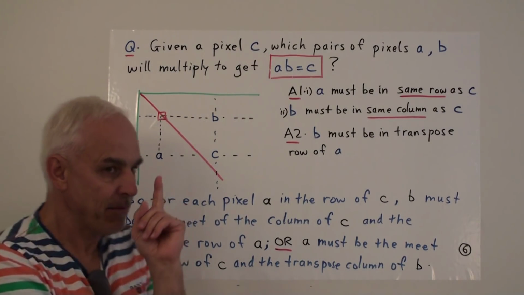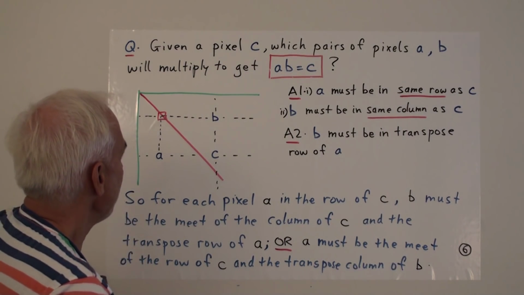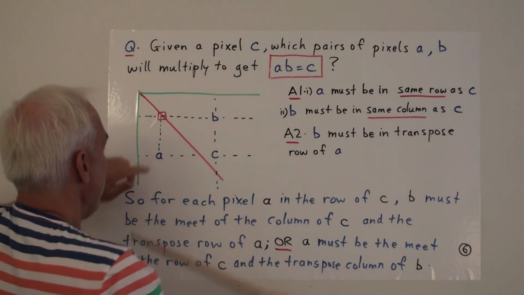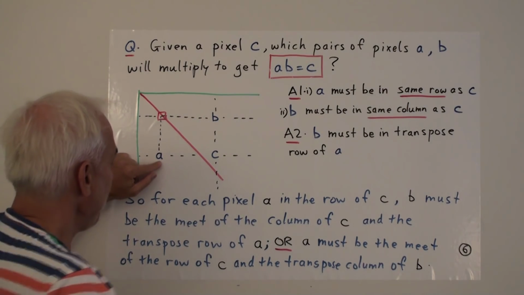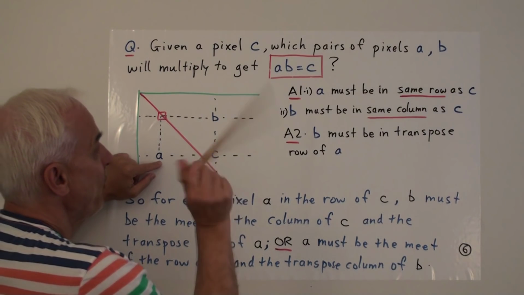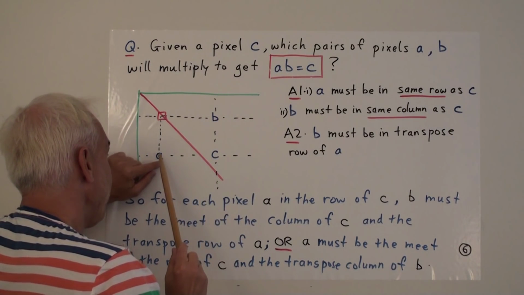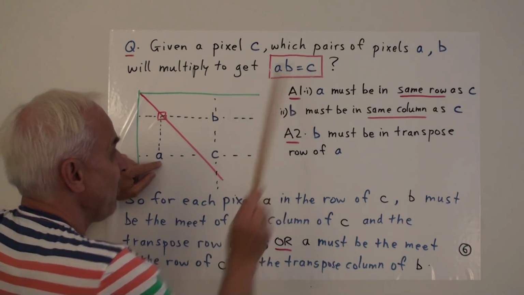Okay, but there's one more thing that's required. So, for example, suppose that we choose an A in the row of C, and now ask, okay, how are we going to find the B that multiplies together with this A to give us C?